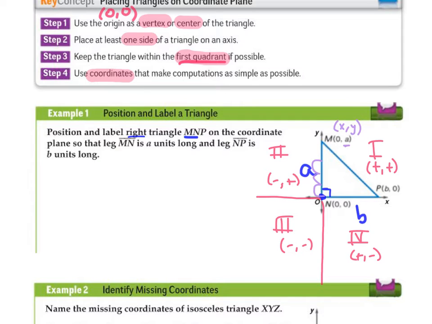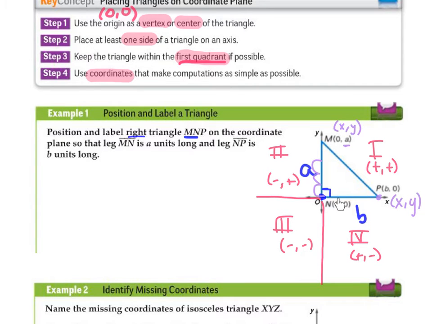And then also, since P right here is on the x-axis, then our y-coordinate is 0, okay? So again, anything along the x-axis has a y-coordinate of 0.